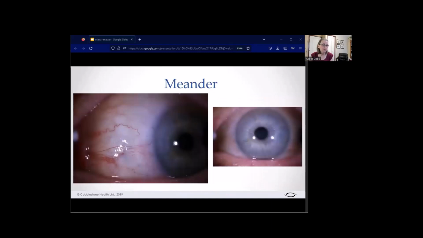Another marker that we look for is called a meander. This is a meandering vessel. You can see it looks like a little river meandering through the countryside. So when I'm looking at an eye and I'm doing the sclera and the iris and the pupil, my very first question is always, what would you like my help with?